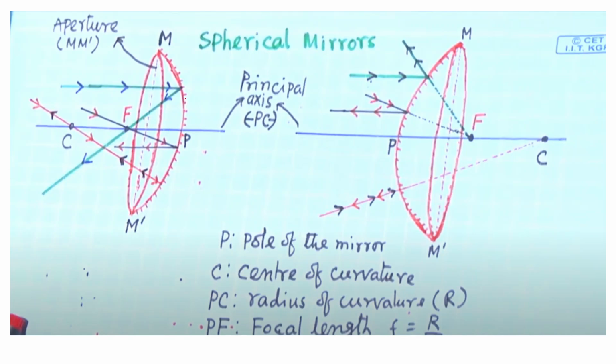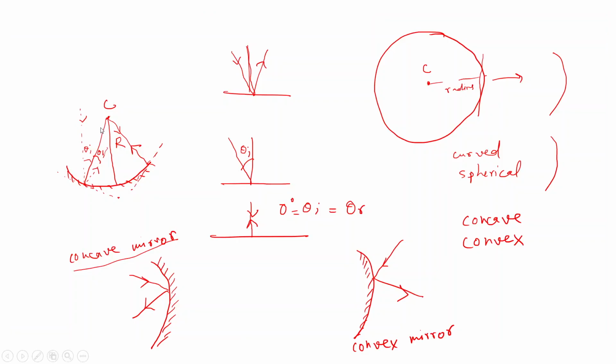As you can see, it's written spherical mirror. I told you in the first slide, we can call them curved mirrors or spherical mirrors, because they basically come from a sphere. In this diagram, this C, which is the center of the sphere, is called the center of curvature, and the line from the center of curvature to any point on the mirror is called the radius of curvature.